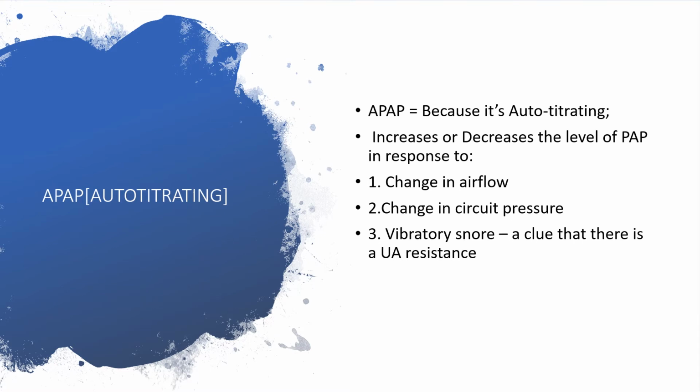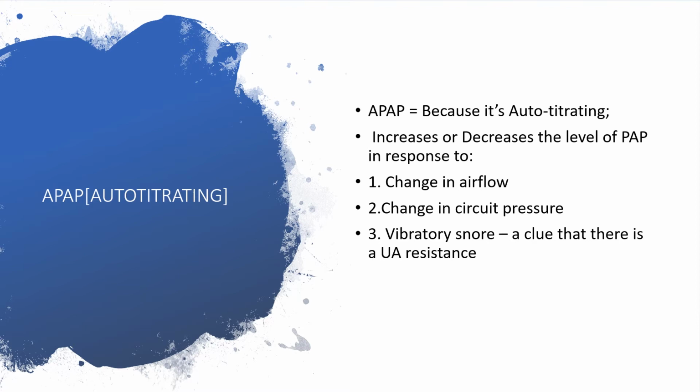APAP, or auto-titrating positive airway pressure, is called the name because it is auto-titrating. It increases or decreases the level of positive airway pressure in response to either changes in airflow or changes in circuit pressure or vibratory snore, a clue that there is upper airway resistance. Isn't that great?